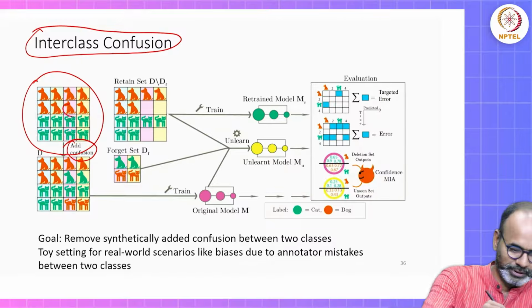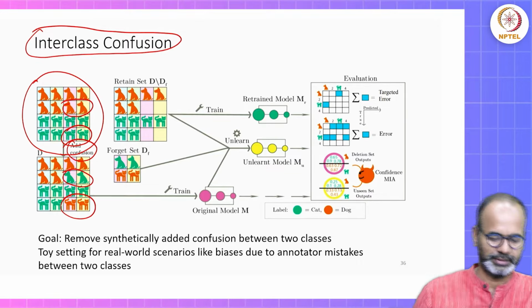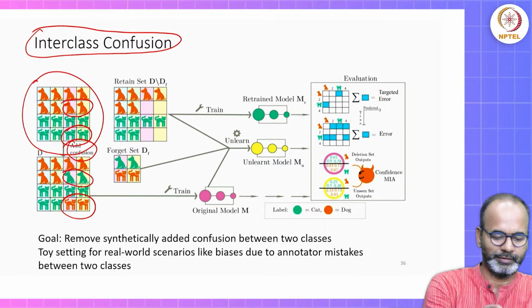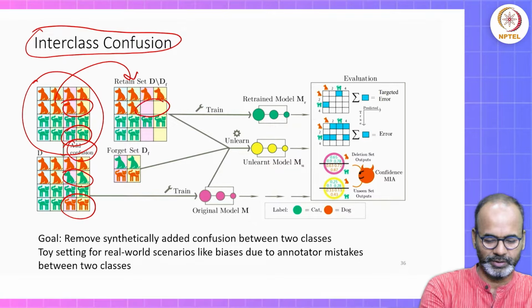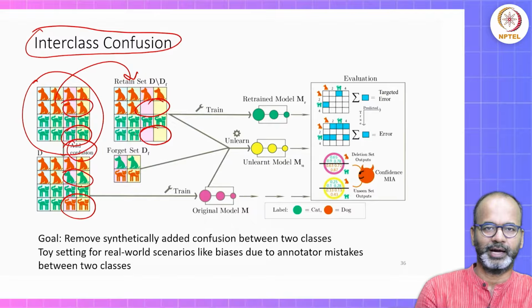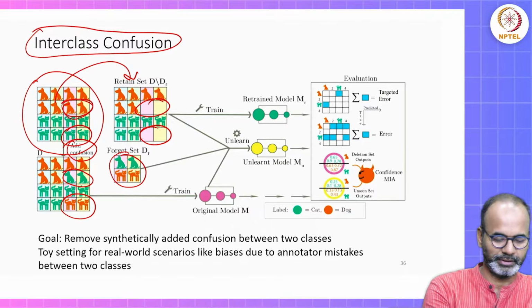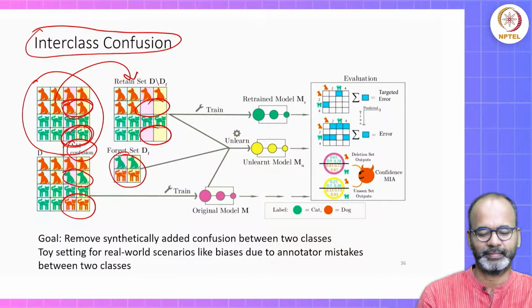If you see, these two colors have changed, these two colors have also changed. Therefore, if you look at it from the original data set, the retained data set is the one without these two. And what we want to forget is actually these two, which are here: red color dogs and green color cats. Okay, hopefully that's clear.